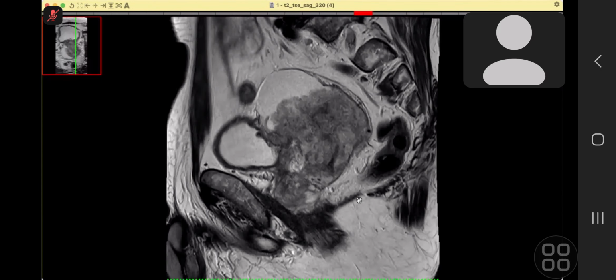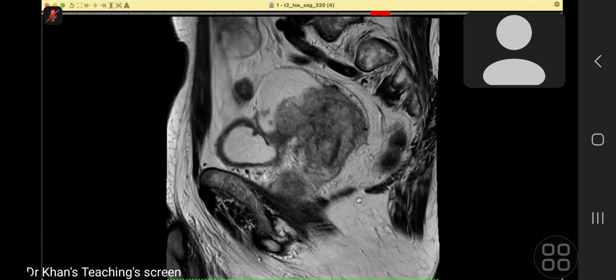So my impression for this is a lobulated soft tissue and cystic lesion within the pelvis, most likely arising from the prostate. In my routine practice, I will check the bone window in the CT scan and the lung window for this patient. I already saw multiple metastatic deposits in both lungs.